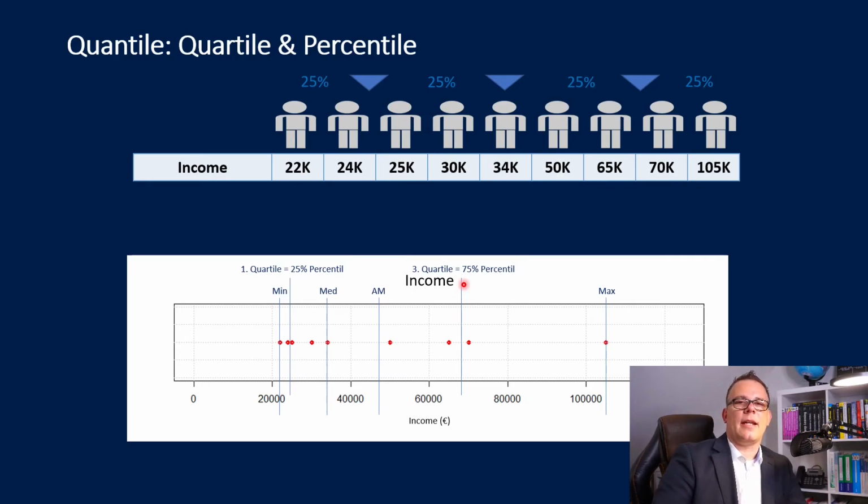It splits the data into those 75% being lower and those 25% being higher. Of course, if those percentiles or those quartiles do not exactly match with a certain observation, there are also methods how to calculate them as some kind of weighted mean between 2 persons being next to these, let's say, frontiers, cutoffs.